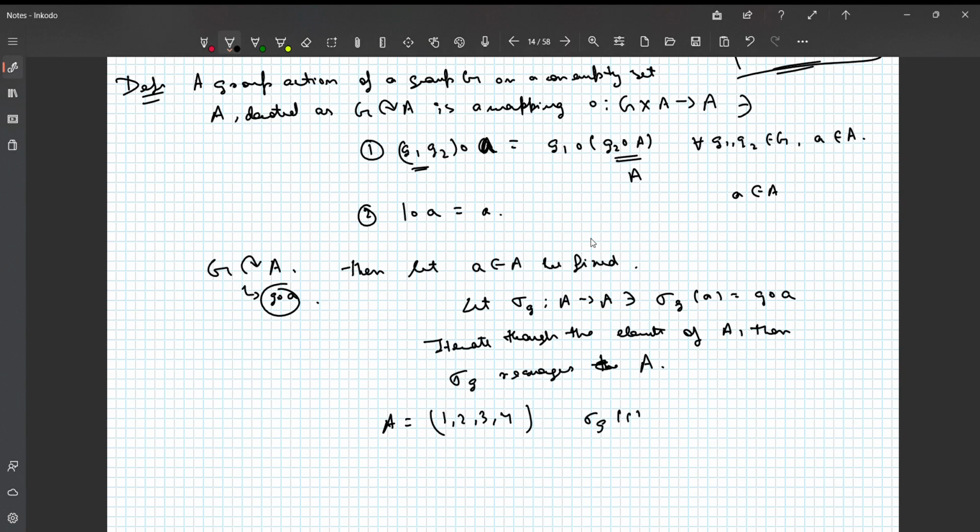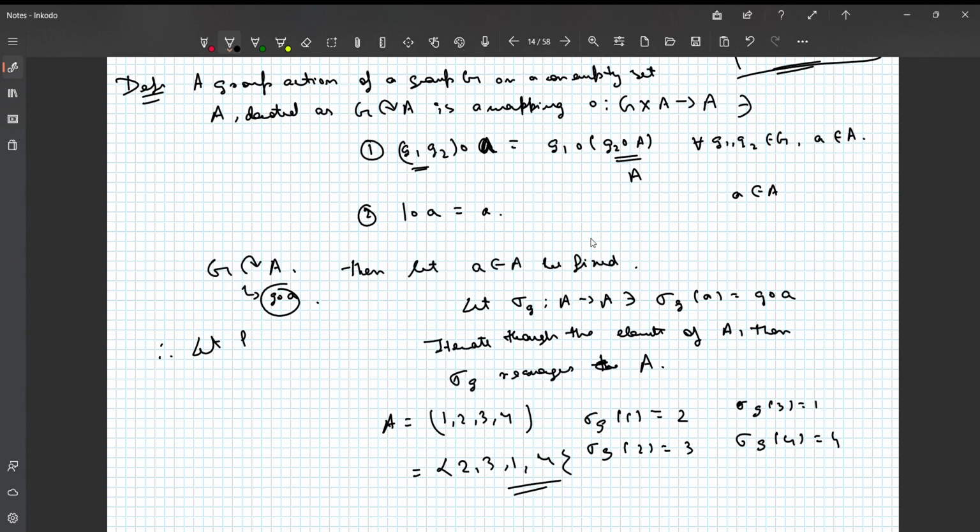Suppose sigma_g sends 1 to 2, 2 to 3, 3 to 1, and 4 to 4. So what does sigma_g do on A? It actually rearranges these elements as 2, 3, 1, 4. So sigma_g basically acts as a permutation on the set A, and therefore sigma_g must be in the set S_A, right? S_A is the set of all permutations on the set A.